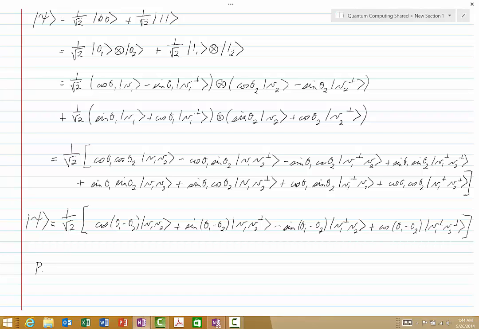So the probability that both qubits will agree with each other, in other words, that both will correspond to the +1 eigenvalue or both will correspond to the -1 eigenvalue, is going to be this coefficient squared plus this coefficient squared, and then of course don't forget the 1 over square root of 2 out in front.